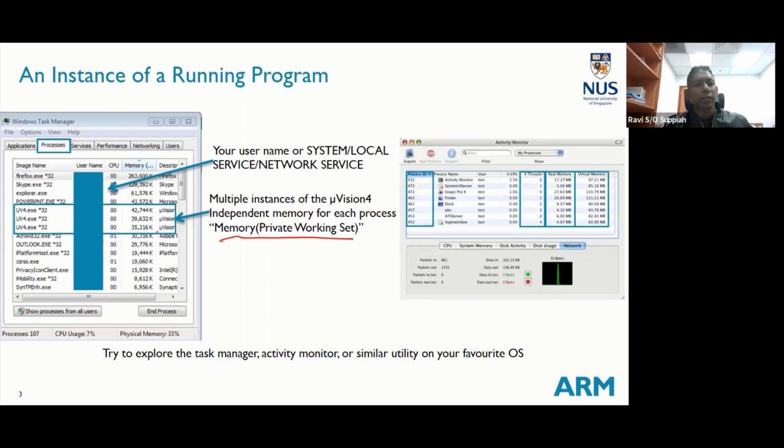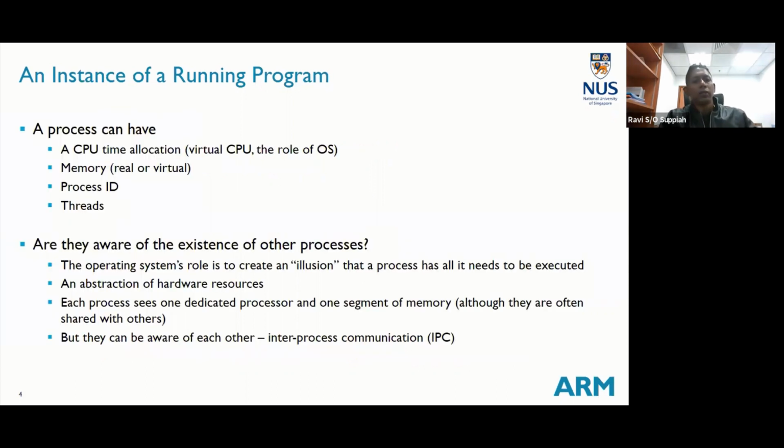For example, if I open 3 Microsoft Word documents, each of them is separate, and among these 3 separate processes, there is no communication. That is something that we will look at in our RTX RTOS: how we can establish communication between different threads.